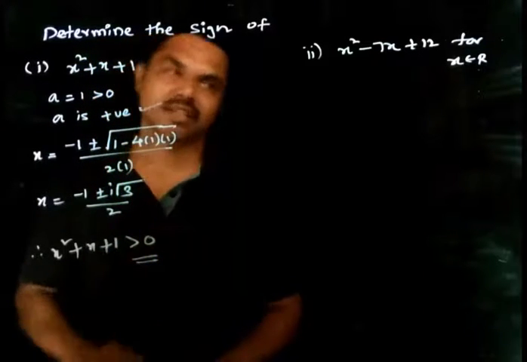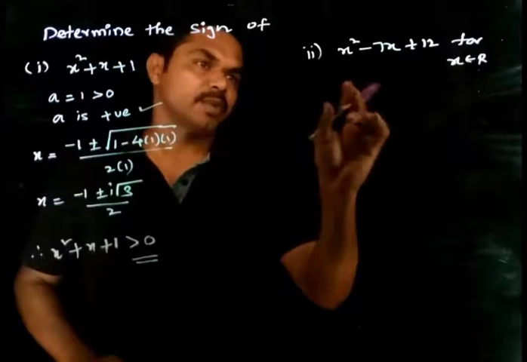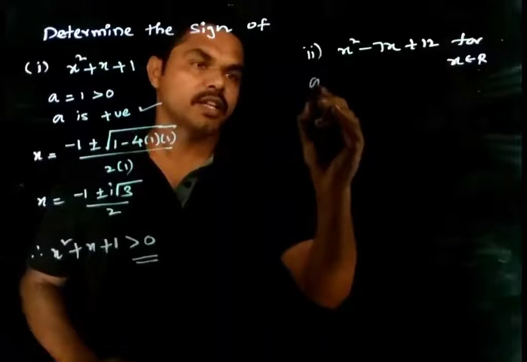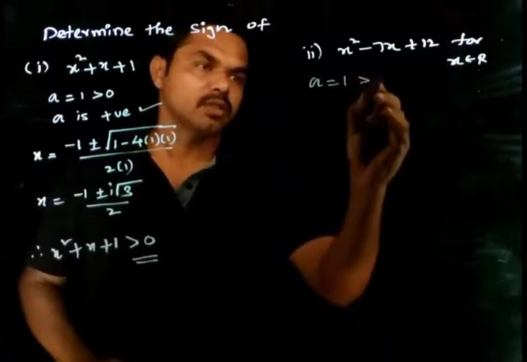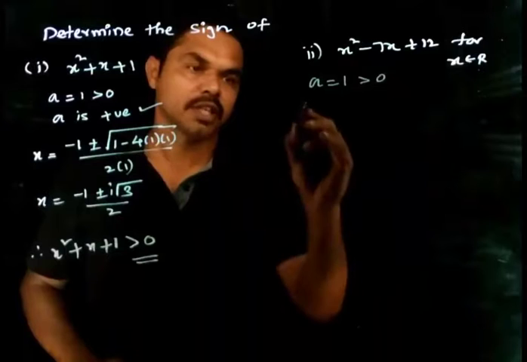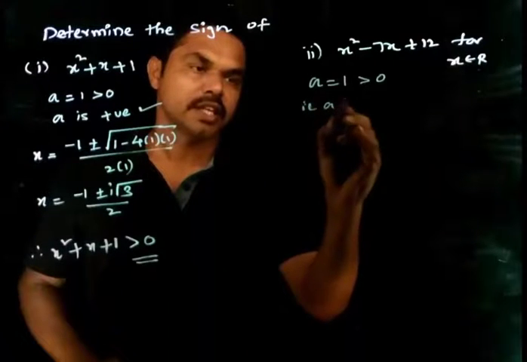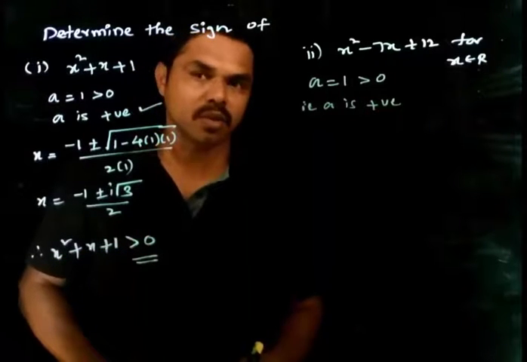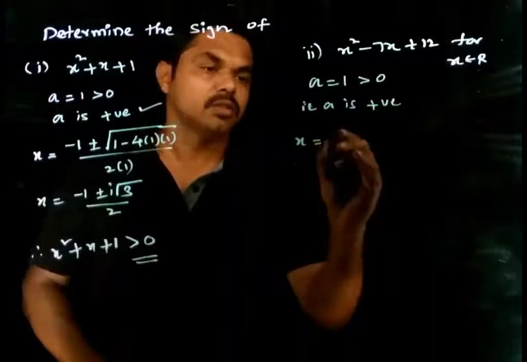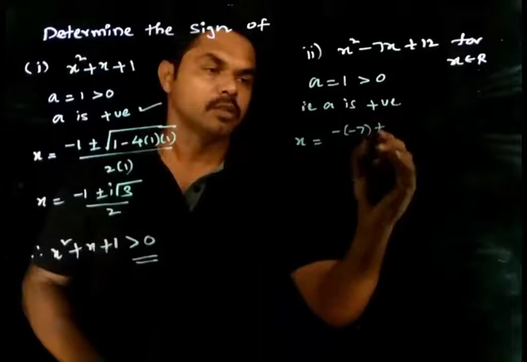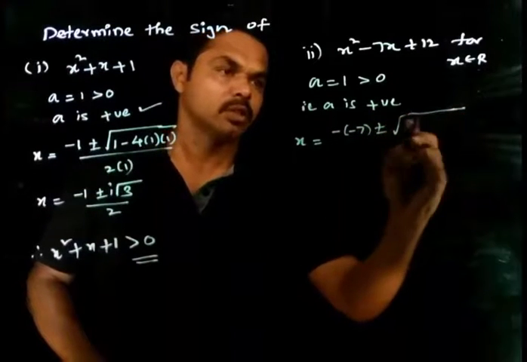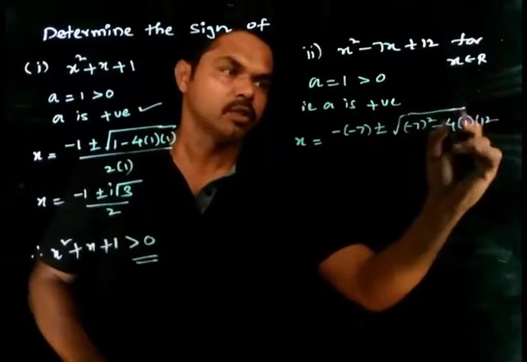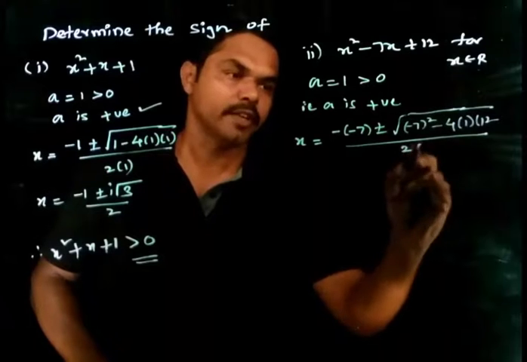Okay, now come to the second question. Right, here the expression is x square minus 7x plus 12. What is the coefficient of x square? a is equal to 1. So here also the x square coefficient is positive, that is a is positive. Now try to find the roots of that expression. x is equal to minus b plus or minus root over b square minus 4ac by 2a.